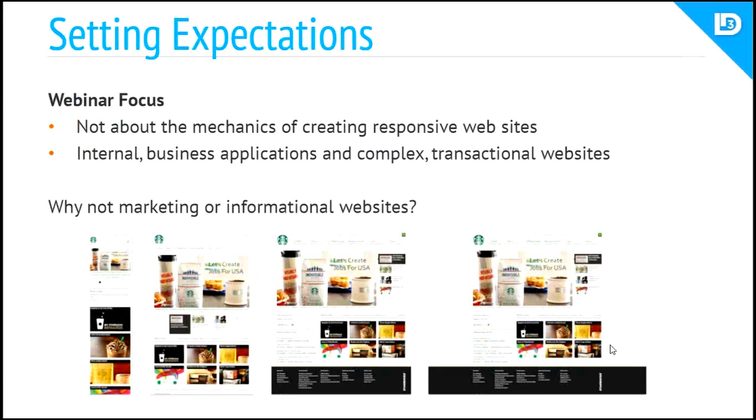In this talk today, I want to set some expectations before we begin. This is not a talk about the mechanics of creating responsive websites. I am not a developer, as I mentioned. I am a user experience architect. You may know that by other titles, human factors, design research.